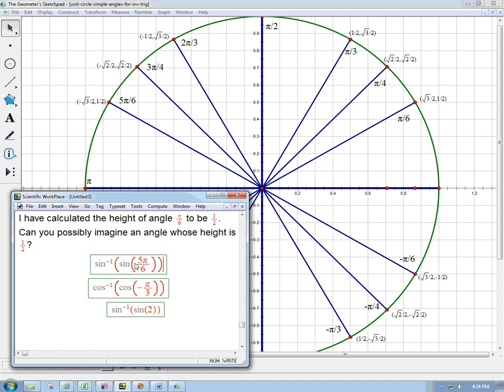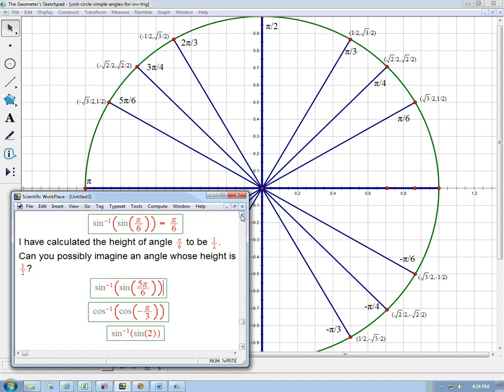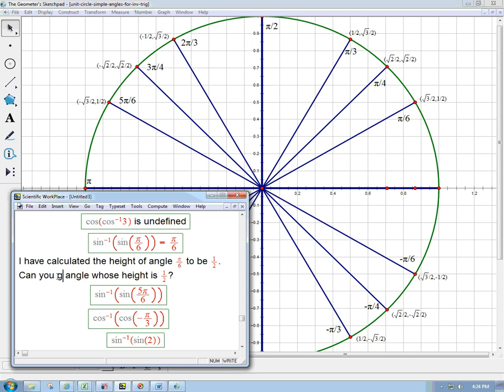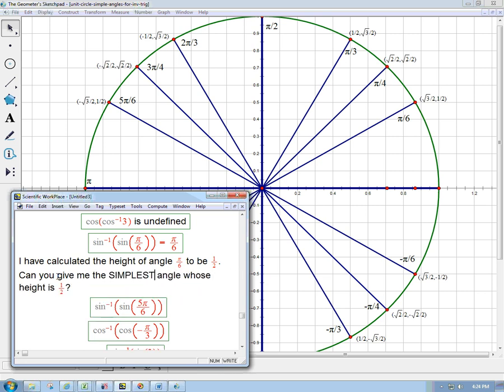Inverse sine of 5 pi over 6. Okay. So let me amend this. It's really not quite this. It's really, can you give me the simplest angle whose height is 1/2? It's still pi over 6, because that is absolutely the simplest angle whose height is 1/2.